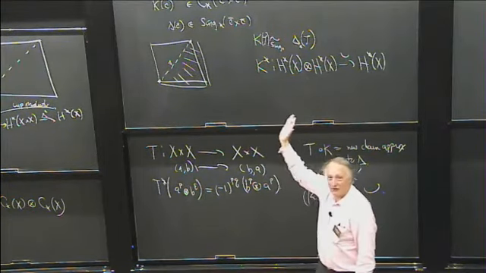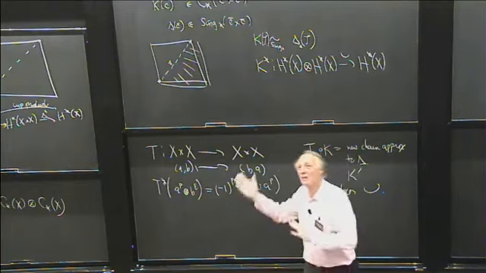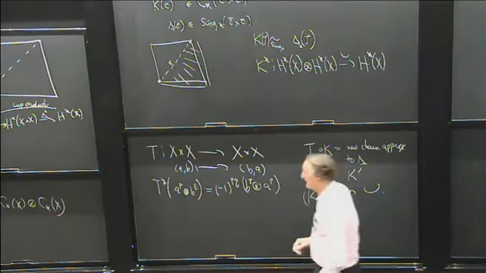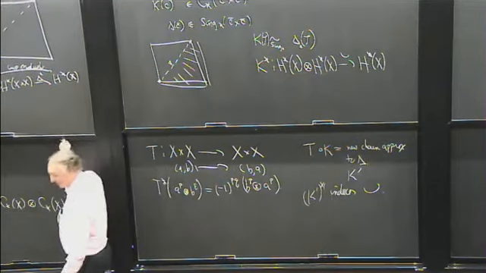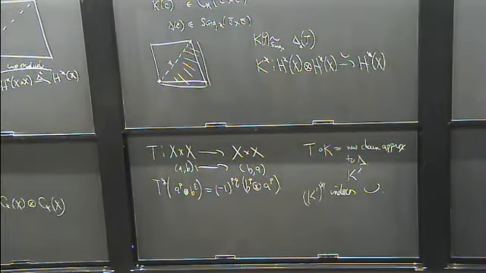But you can work close enough to the diagonal that up to homotopy it all doesn't matter. Okay? All right. That's where Steenrod entered the picture. He said, well, yes. It doesn't matter in cohomology.